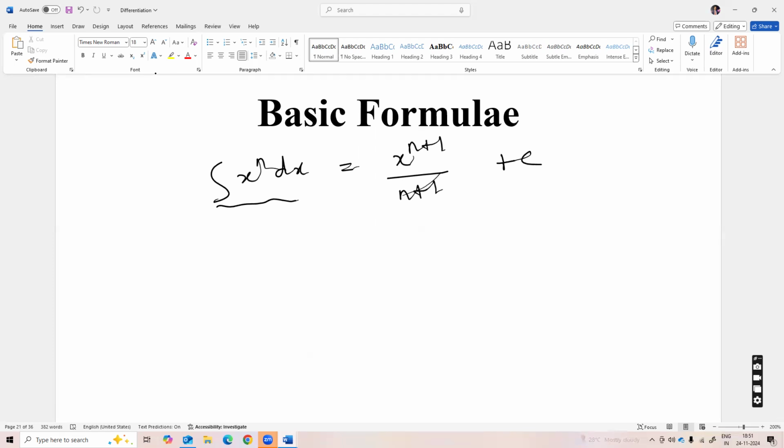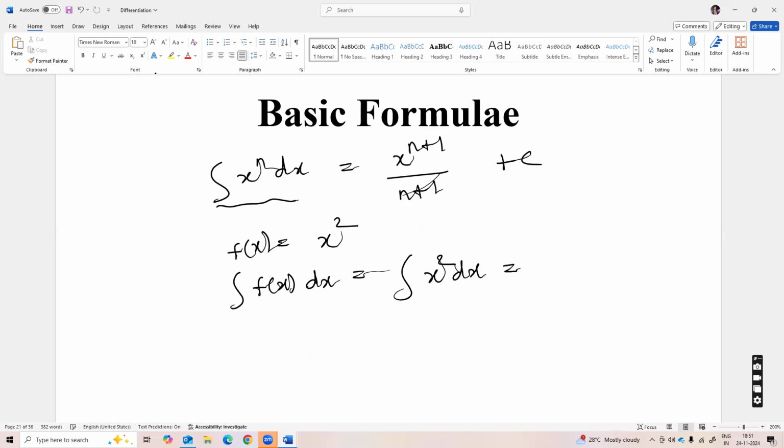So if you have a function, let's say f of x is equal to x square, and you have to find its integration, the integration of f of x dx, or the integration of x square dx, then using the above formula, we have x square, so n is equal to 2. From the above formula we will get the integration as x to the power 2 plus 1 divided by 2 plus 1 plus c. So it is basically x cube divided by 3 plus c.